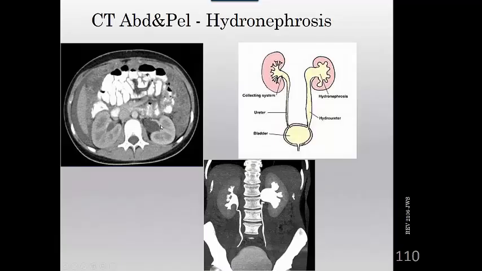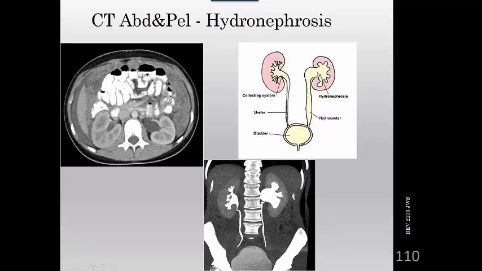This is the difference. This is part of the ureter here, full of fluid backed up from the stone, and this is basically what happens here. You have the collecting system that is dilated because there is a stricture down here, either from the stone or something else, that's causing the hydroureter, so it's filling up with fluid.